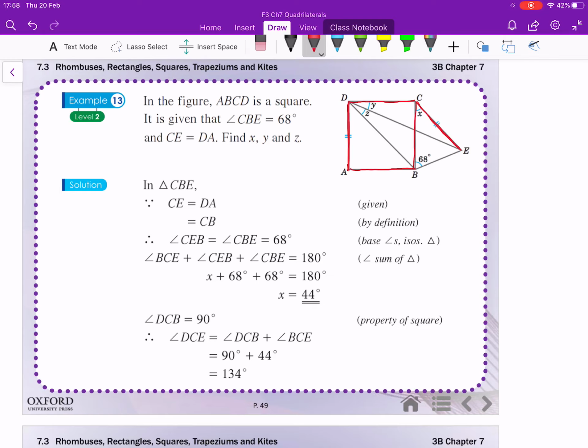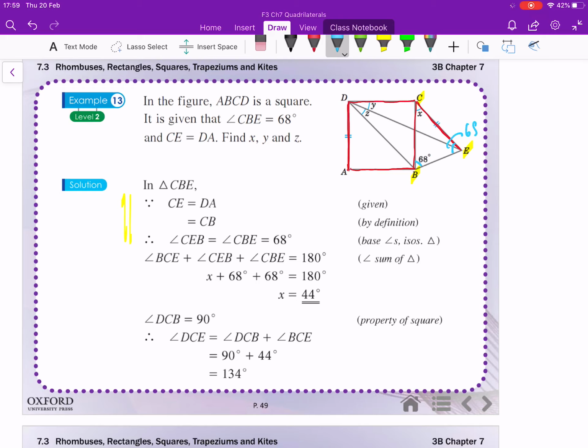After coloring, you can find that actually triangle CBE is an isosceles triangle. So you may explain first why they are isosceles, and then since they are isosceles, you know that this angle in blue equals this one.